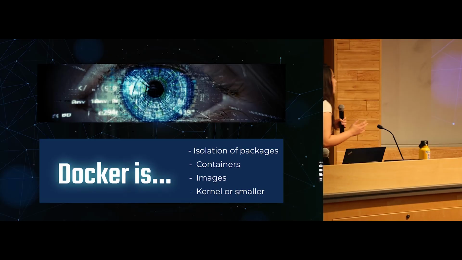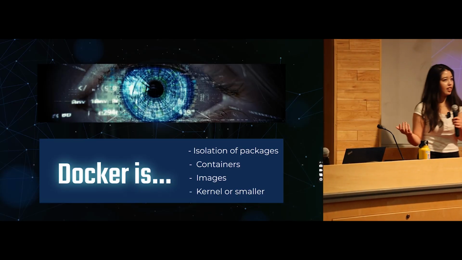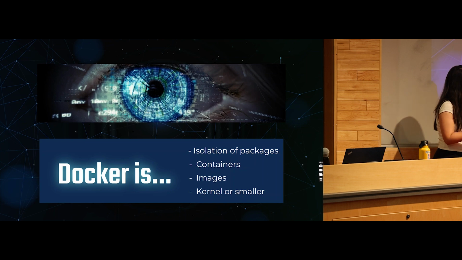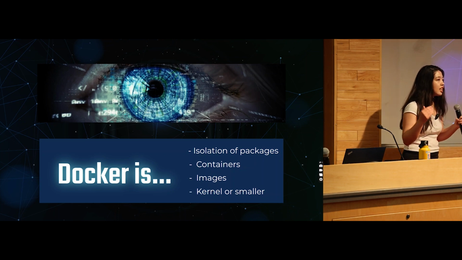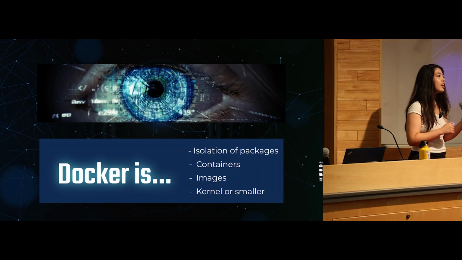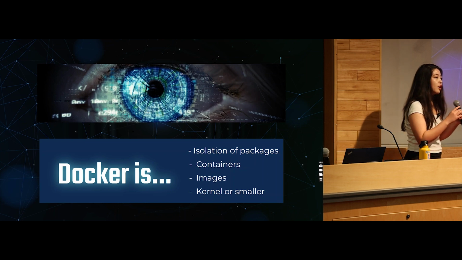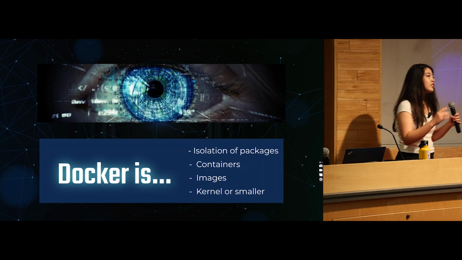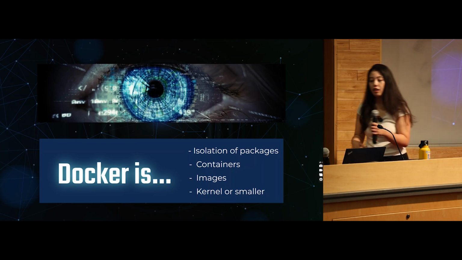So what Docker does is it builds images, and the images run containers, and each container is running a tiny computer, a tiny kernel, which is like part of the operating system that it runs on, just enough to get your stuff working.